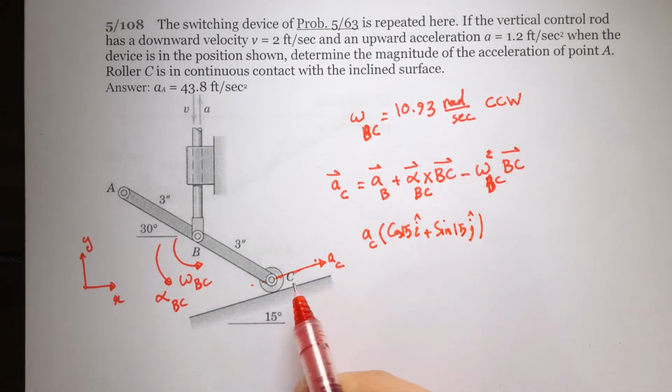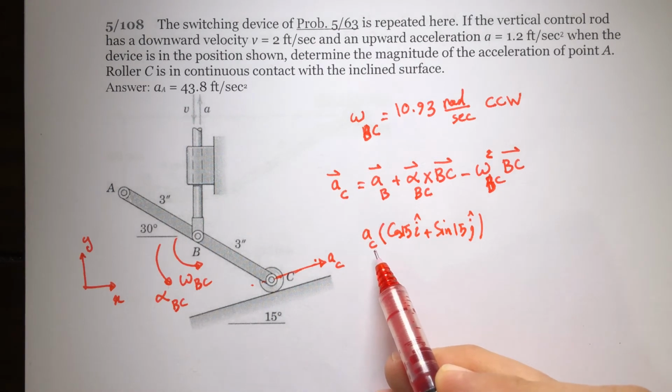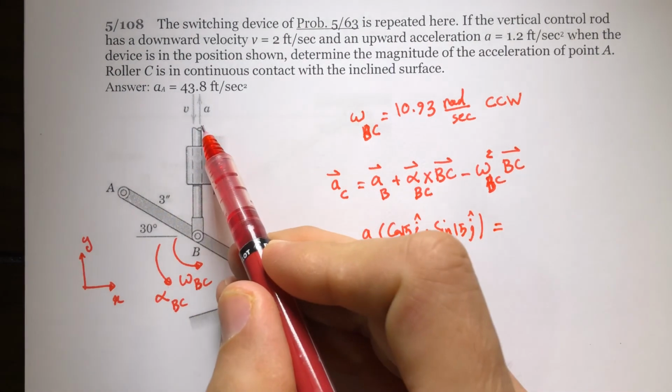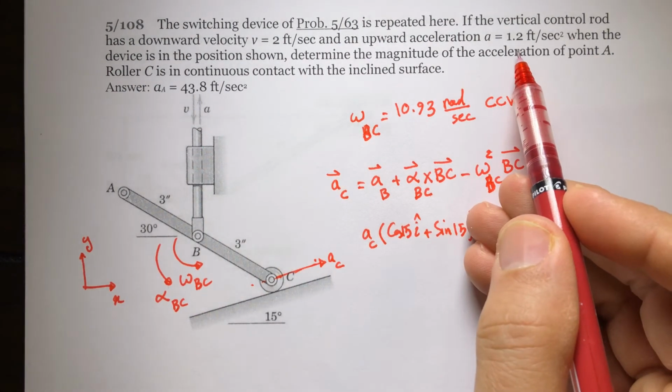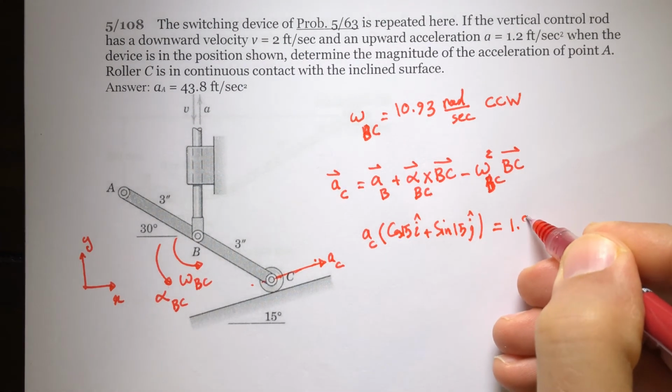So this is acceleration of point C, which AC is unknown. The magnitude of this acceleration is equal to acceleration of B. We have it. It is given 1.2 feet per second squared, and it is upward. So it's going to be positive 1.2.